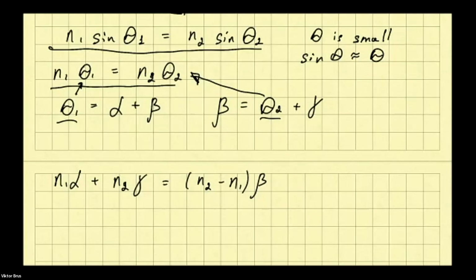Because it is easier now for us to express these angles with some distances of our interest, meaning distance from object to the interface, from interface to the image, and also the radius of the curvature.